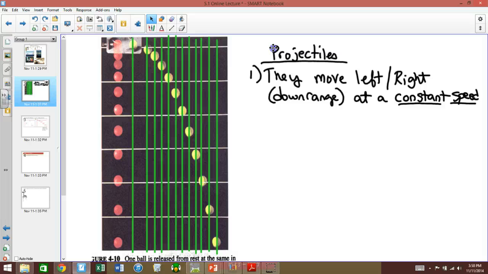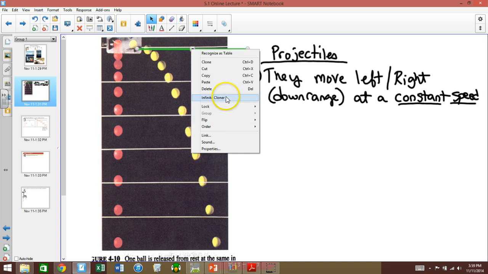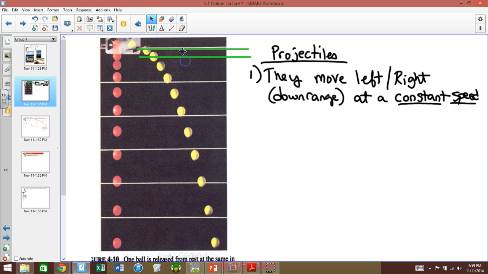Next, let's look at how it moves up and down. So I'm going to rotate my line. Try to put a line in the middle of every ball here.